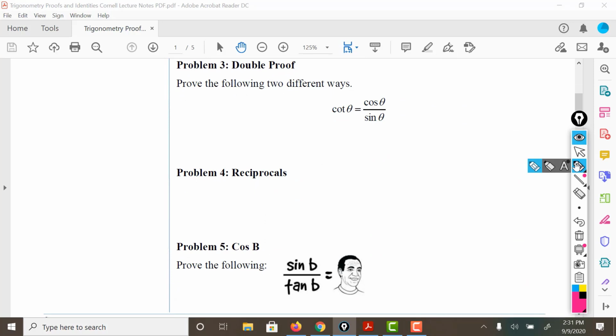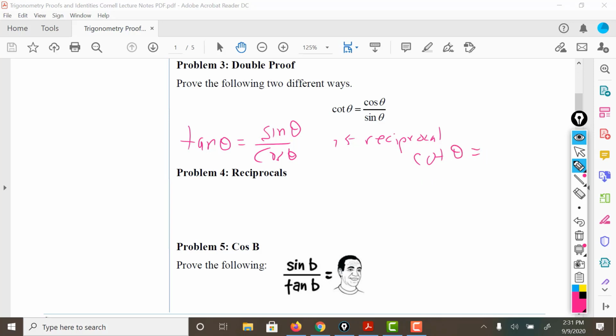That's one way to prove this is true. Another way to prove that it's true is if you believe, like we proved already, that tangent of theta is sine of theta over cosine of theta, but we use a definition, right? If we reciprocate, you remember what the reciprocal is of tangent? The reciprocal of tangent is cotangent.